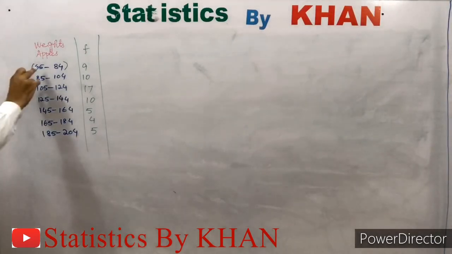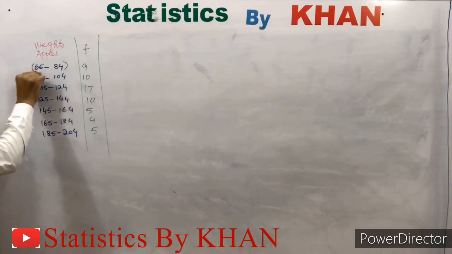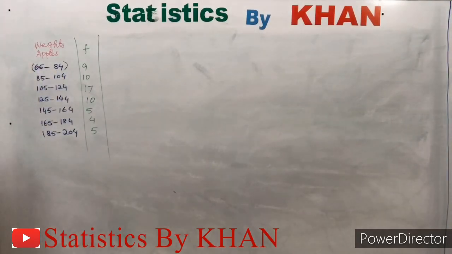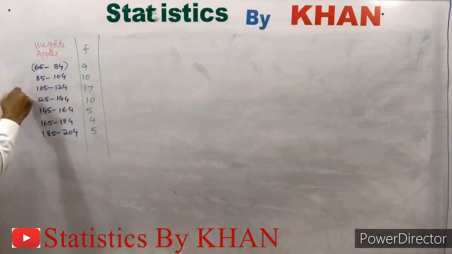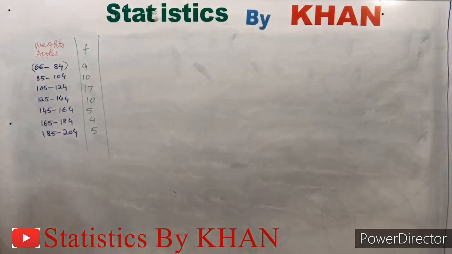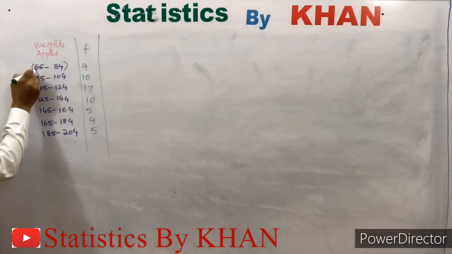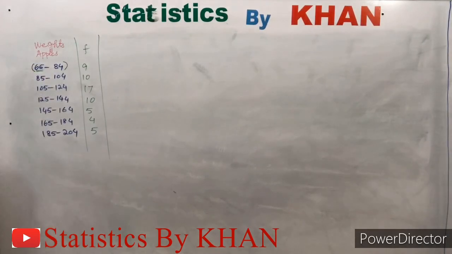Now, this class is starting from 65 and ending at 84. Similarly, the second class is starting from 85 and ending with 104, and so on.